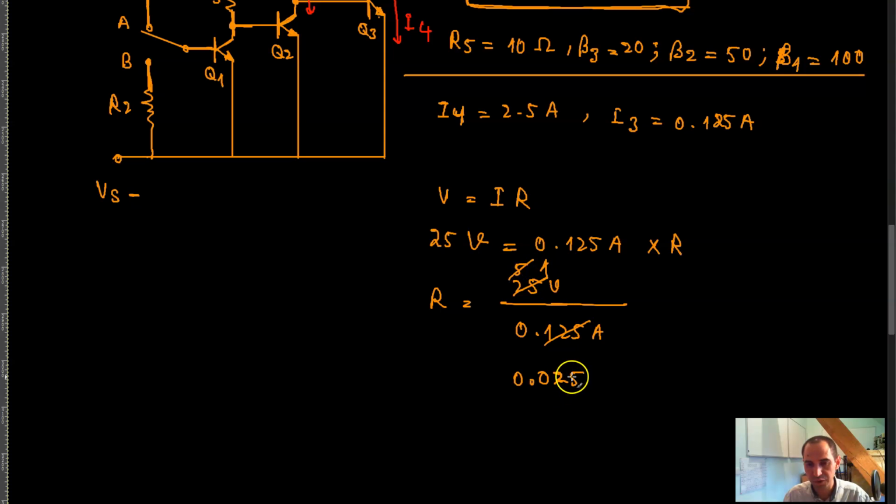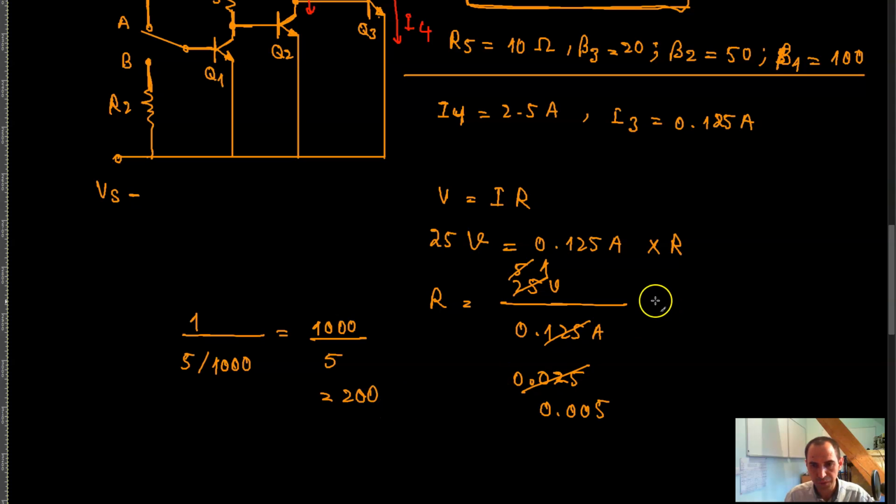If I divide by 5, I get a 5, 0.005. So that's 1 by 5,000, which is 1,000 divided by 5, which is equal to 200. So that's supposed to be 200 ohm.